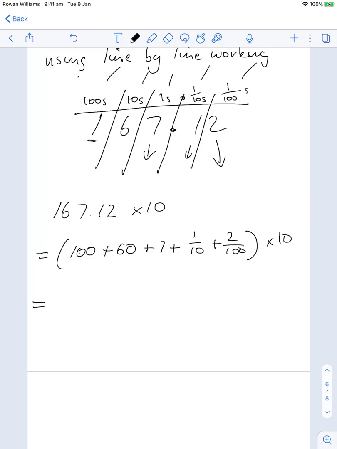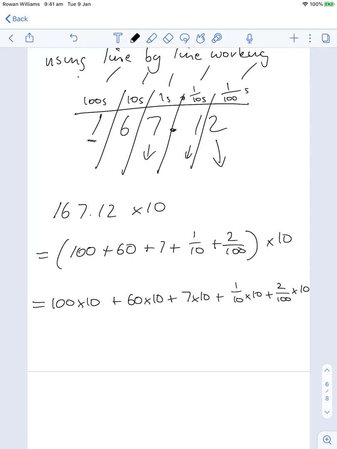So rather than have all this added up equaling times 10, I go 100 times 10 plus 60 times 10, so I'm timesing the whole lot by 10, plus 7 times 10 plus 1/10 times 10 plus 2 hundredths times 10. Messy, I know.